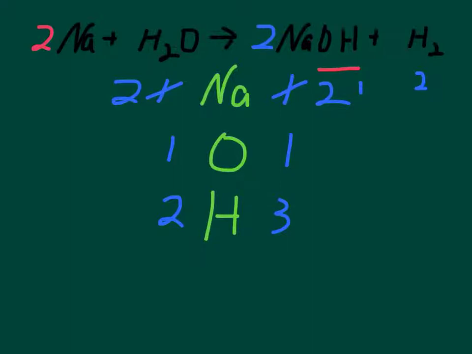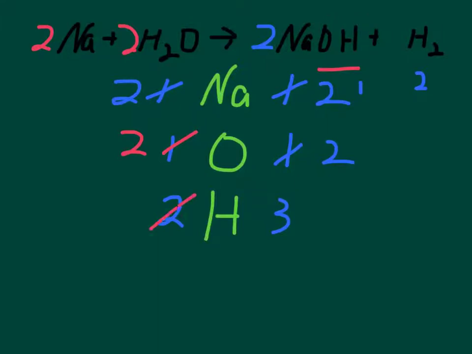And I go back to my oxygens. Oh, wait a minute. My oxygen on the product side has changed. It is now 2. So to get it to 2 over here, I'm going to put a coefficient of 2 in front of there. That gives me 2 oxygens. And now I'm seeing how things are working out with my hydrogens.